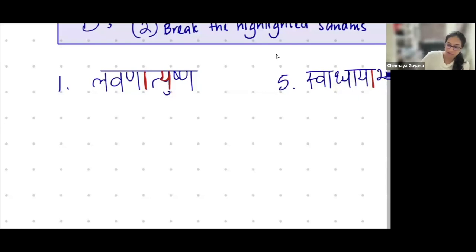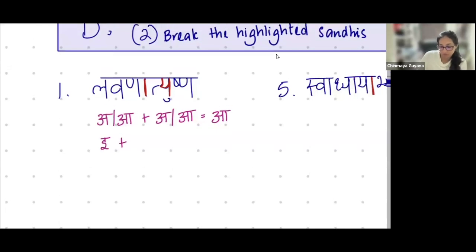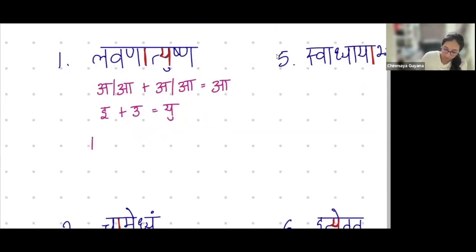Lavana, the A, it comes from A or A plus A or A equals A. And the Ya is going to come from E plus, and with the Ya there's an U. E plus U equals Ya. So now you have to break it up. La va. The word is actually Lavana.